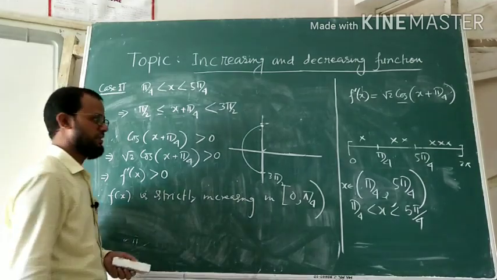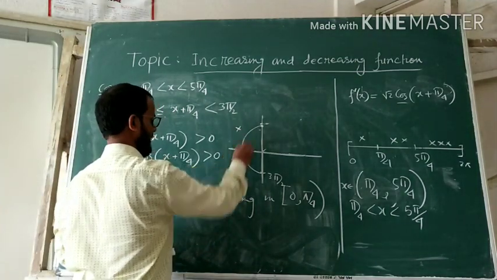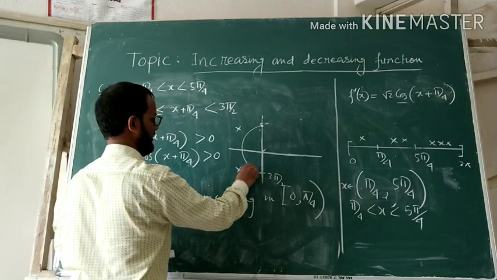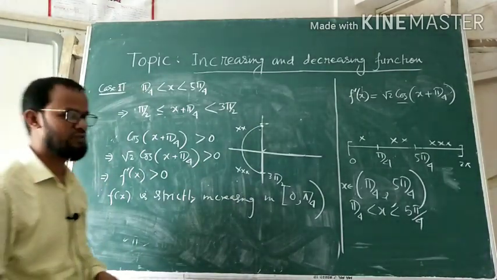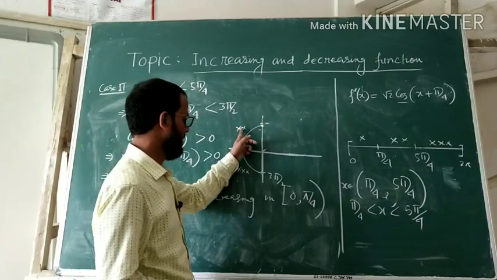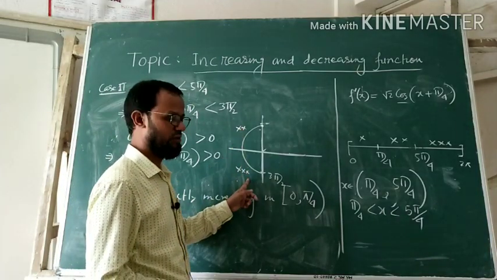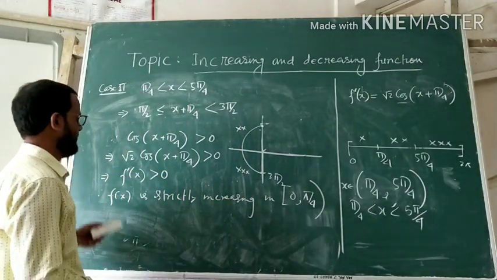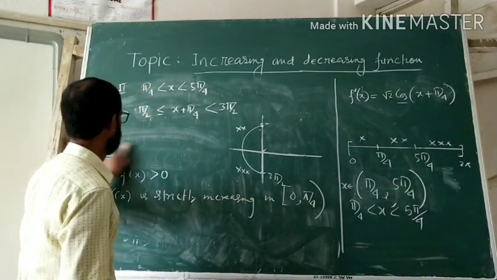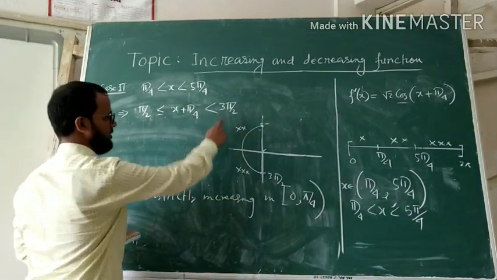And you know that in the second quadrant and in the third quadrant, cos is always negative. Here sin is positive and tan is positive. So, in both quadrants, cos is negative.